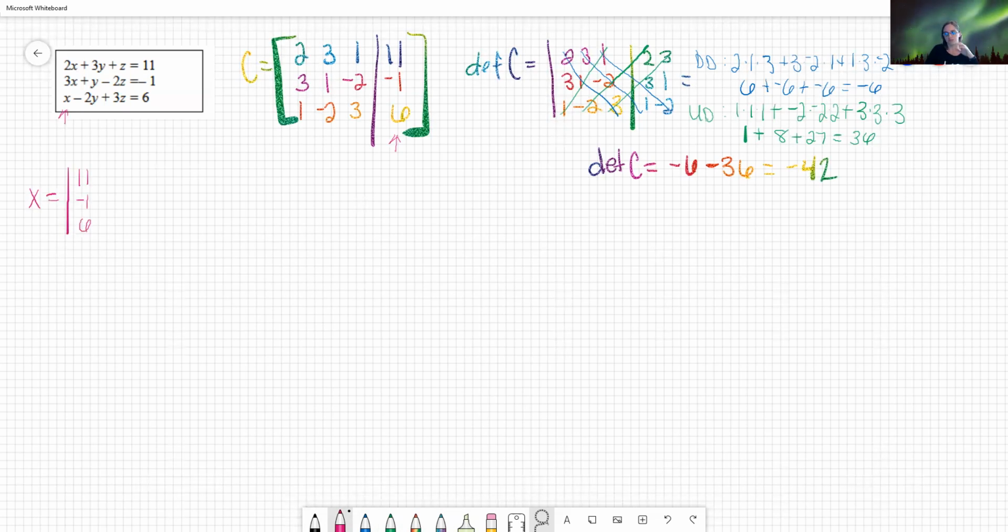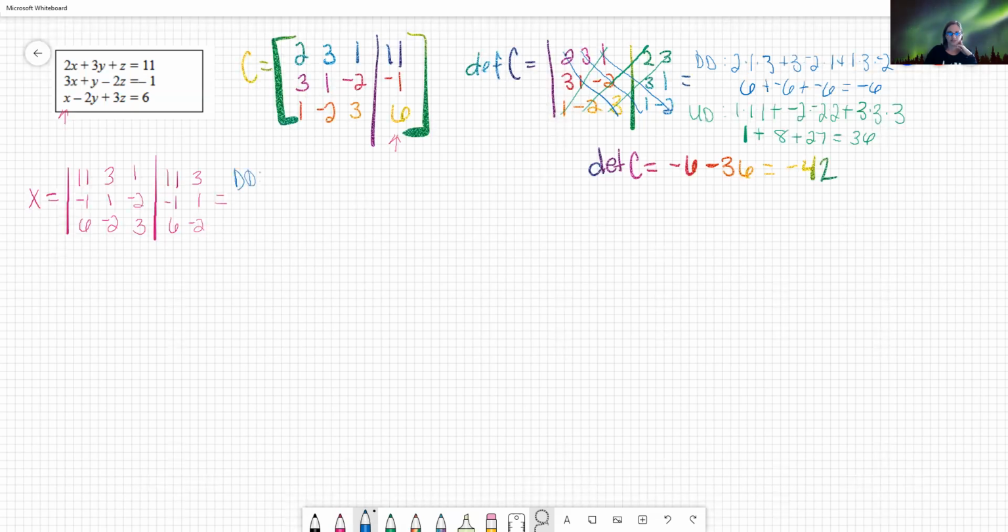Everything else will be as written in the original matrix. So 3, 1, -2, and 1, -2, 3. Because we're solving for the determinant of this matrix, we're going to copy our first two columns again at the end. 11, 3, -1, 1, 6, -2, and now we can find the determinant using diagonals.